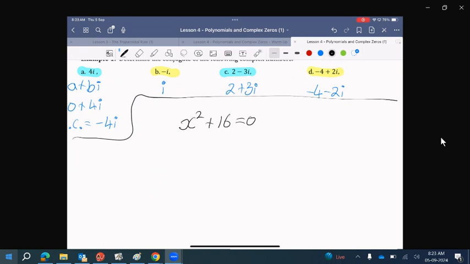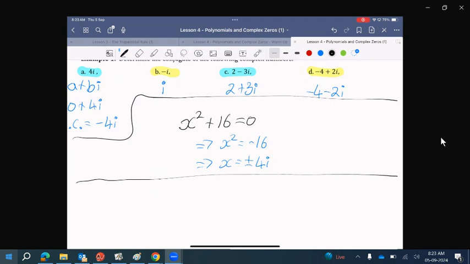I'll do one as an example. To solve this equation, we can rearrange it to be x squared is equal to -16. This implies that x is equal to plus and minus 4i. So you need to practice. You'll find it on the videos I sent.